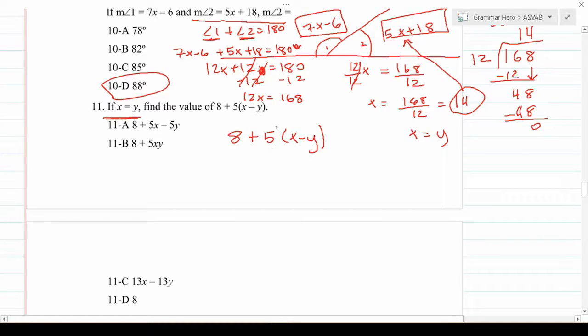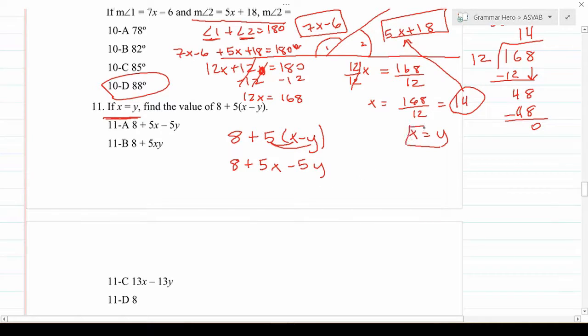So let's work this out, and we'll see when it's appropriate to use this identity to simplify the problem. So I have 8 plus, and I'm going to distribute this to x and y. So this is going to become 5x minus 5y.